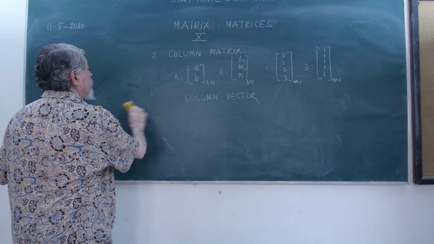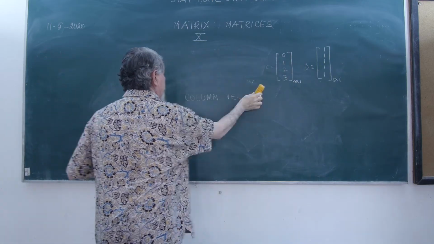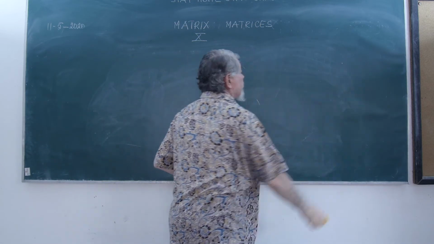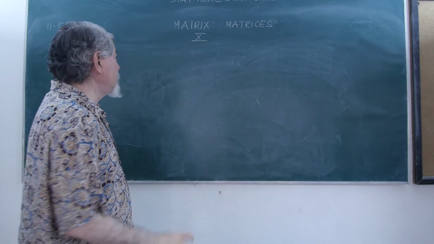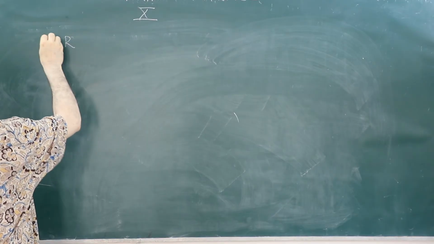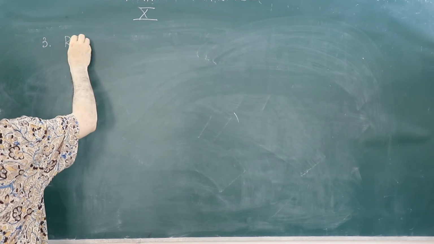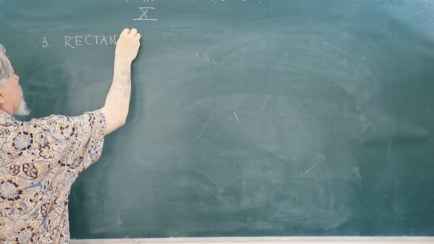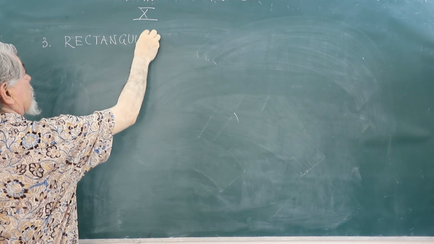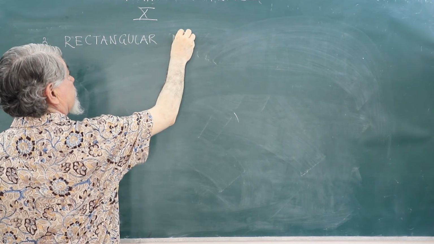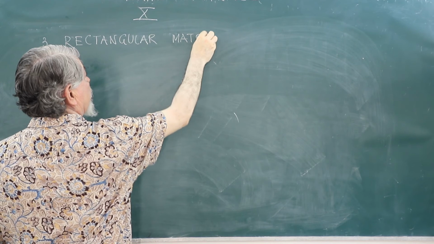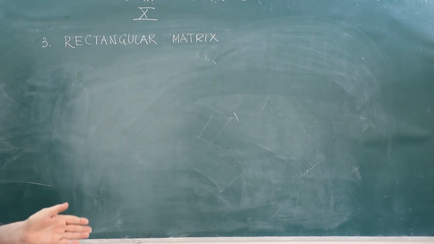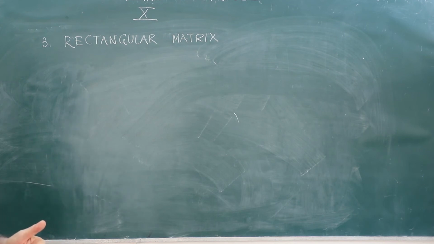We have taken a row matrix and a column matrix. Let's take the third one, the rectangular matrix. Actually, row and column matrices are all rectangular matrices, where the number of columns is not equal to the number of rows.